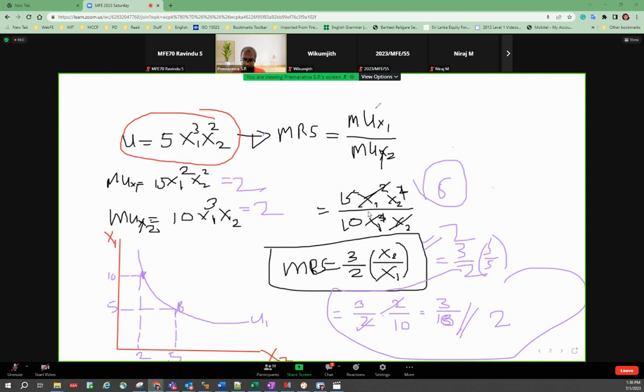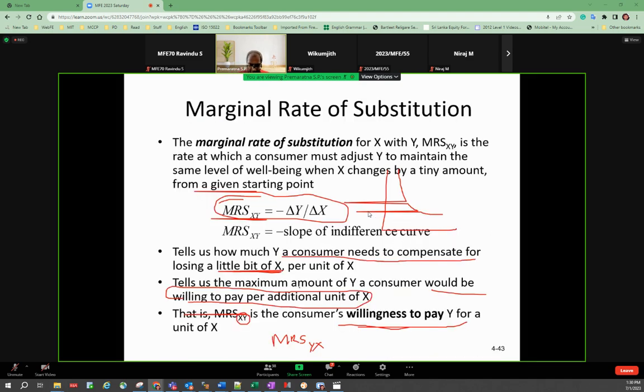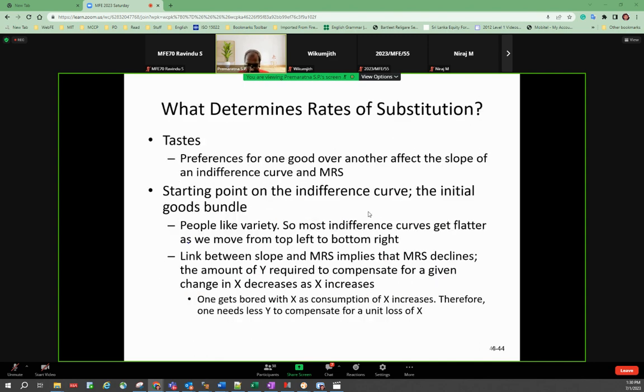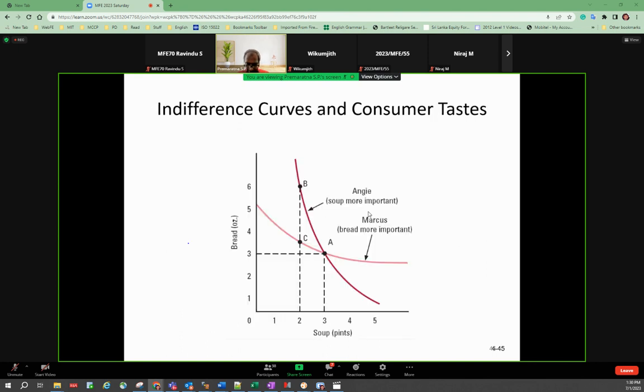Okay. So that's about the MRS, the marginal rate of substitution, or the slope of the indifference curve. Now you see two different people with two goods on their indifference curves behave differently.